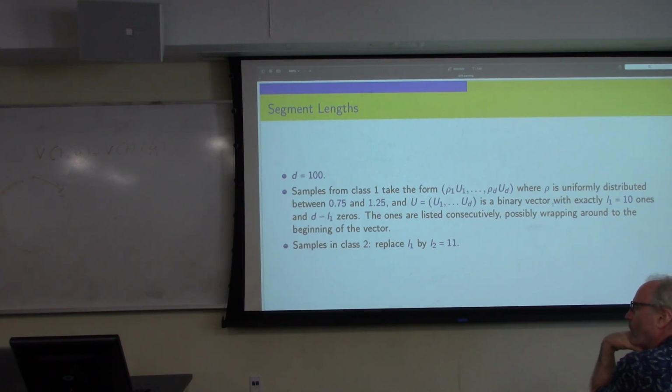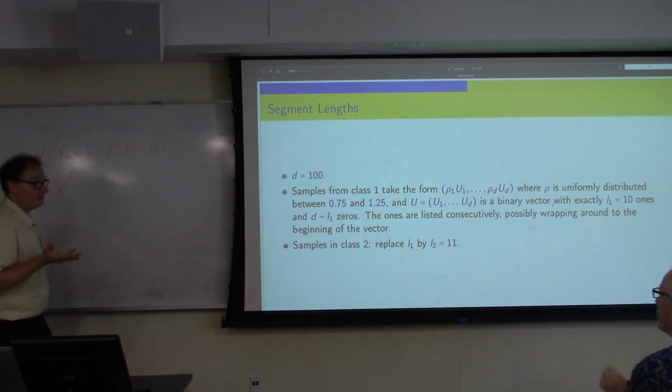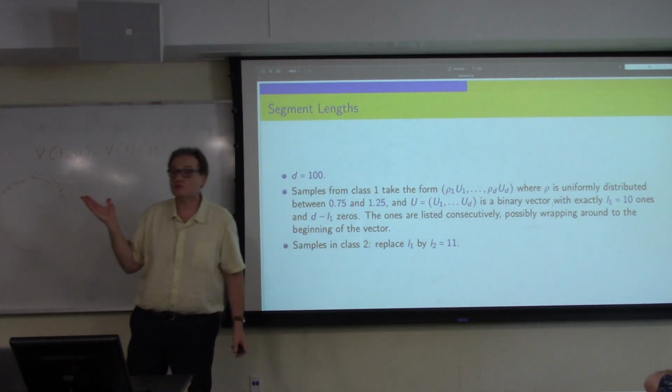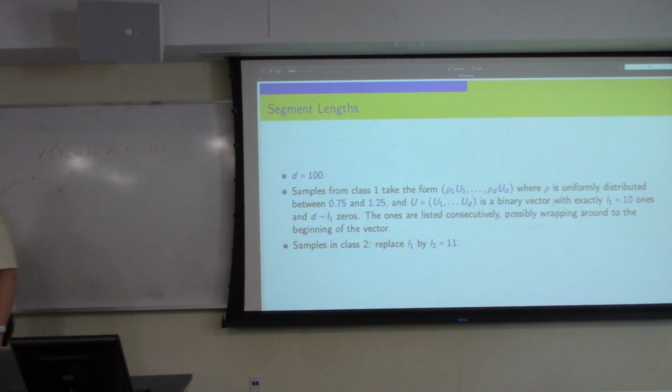The circle has 100 points. The segment can be anywhere on the circle, but the length of the segment is 10 in class 1 and 11 in class 2. Again, a trivial problem to solve.